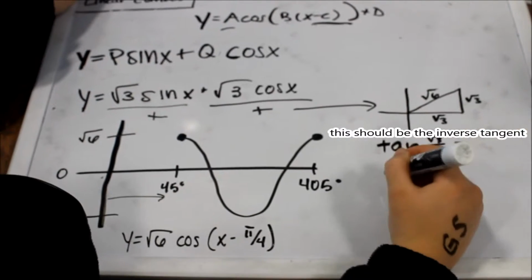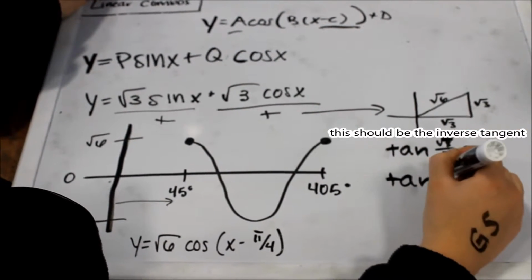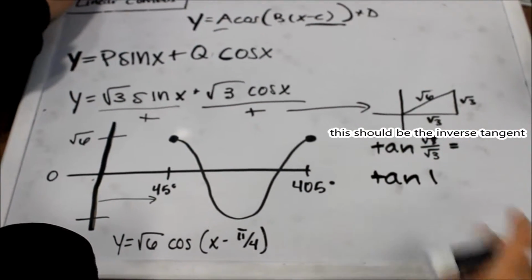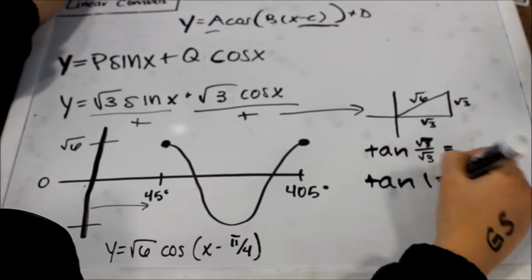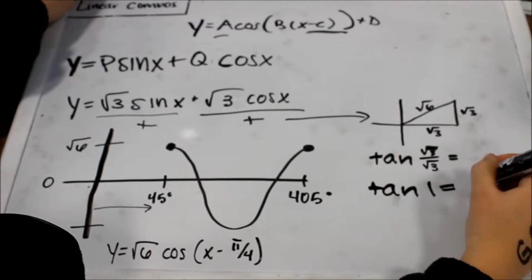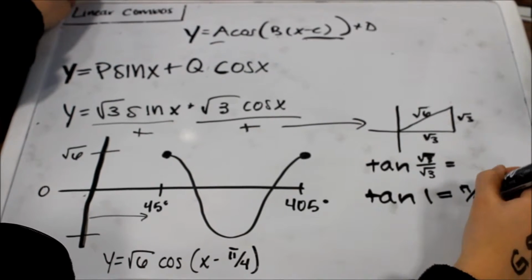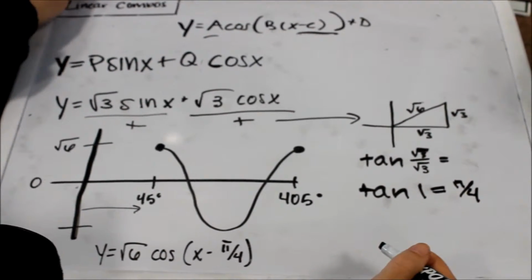So tangent of 1, where is it on the unit circle? Of positive 1, it's at pi over 4. So that's how we know where we shifted to.